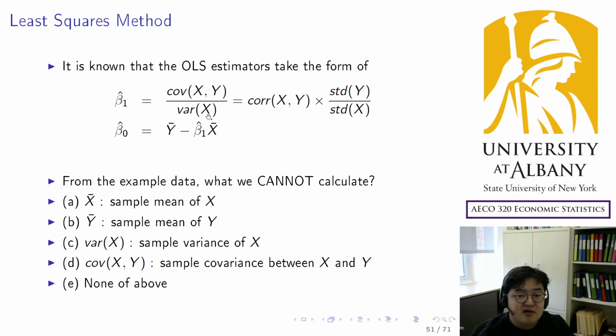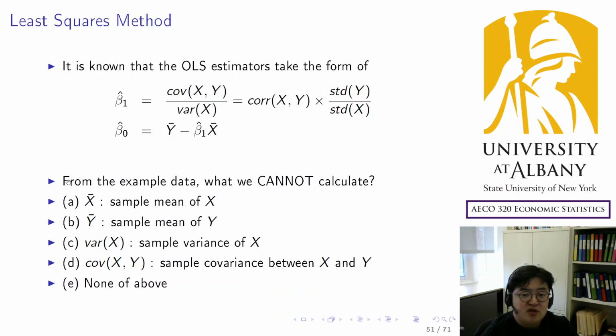Either way, you may use covariance divided by variance of the explanatory variable, or correlation times the ratio of standard deviations. This is how Excel calculates for you. Calculating these is not a big problem for the computer at all. And then finally, the intercept is based on the mean. So just balancing out the mean is the job for the intercept, right?